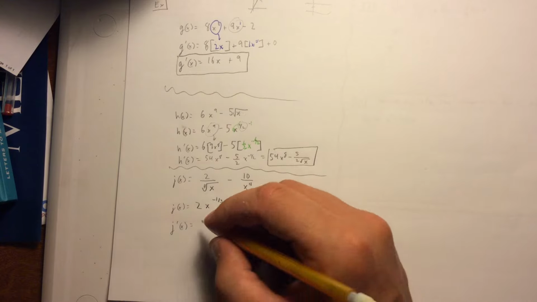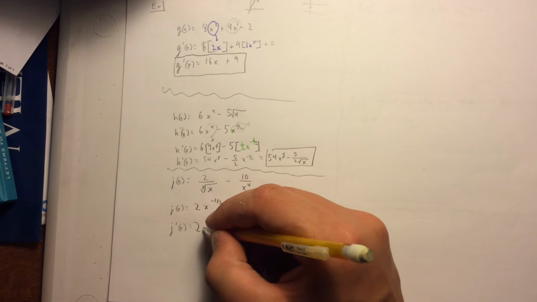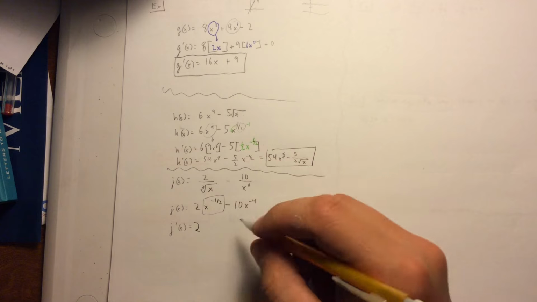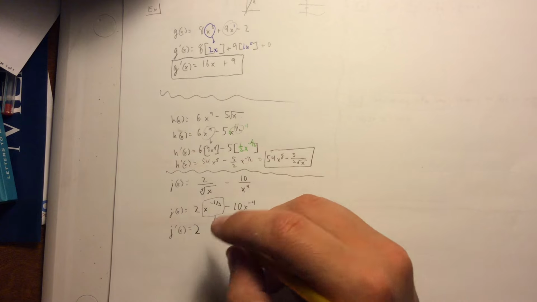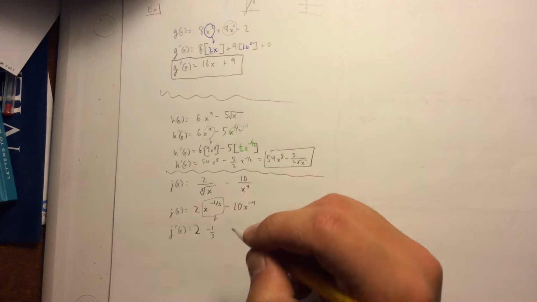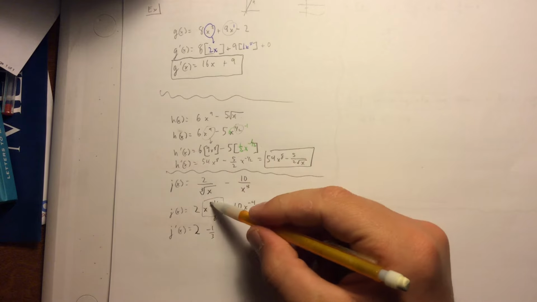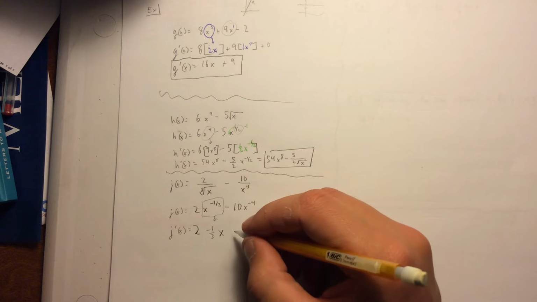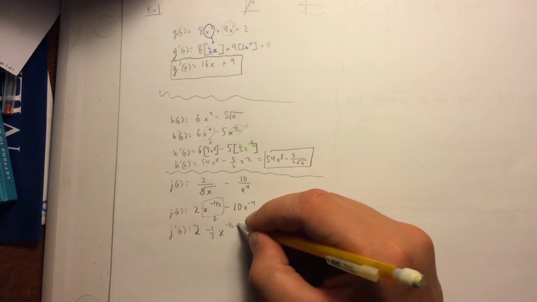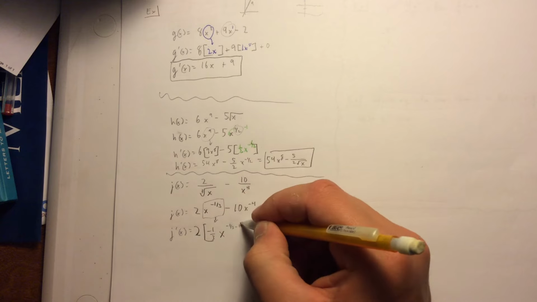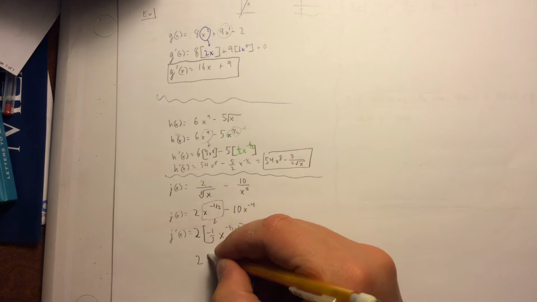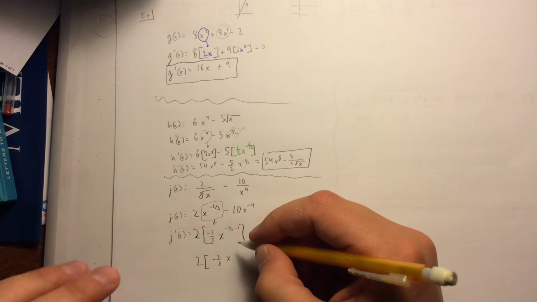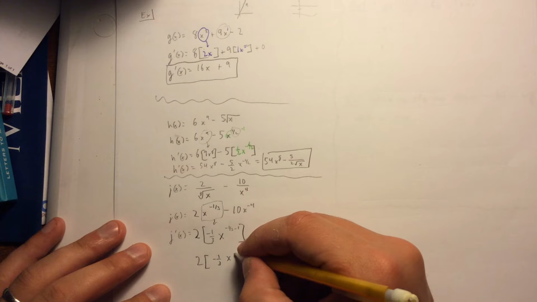2x to the negative 1/3. Well, I'm going to leave the 2 out in front here. The derivative of x to the negative 1/3 is going to be negative 1/3, because I got to bring the exponent down in front. X. What's negative 1/3 minus 1? Negative 1/3 x to the, that would be negative 4/3.